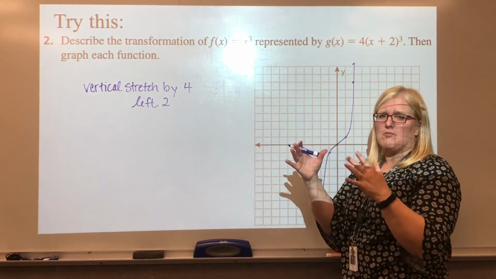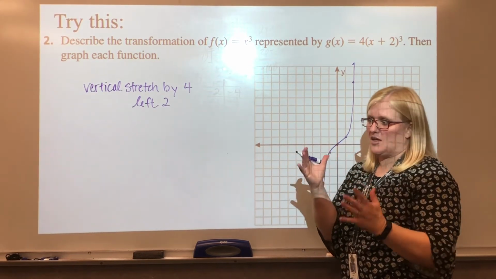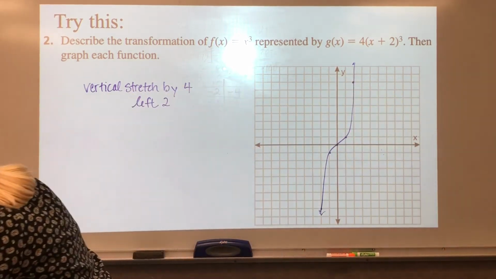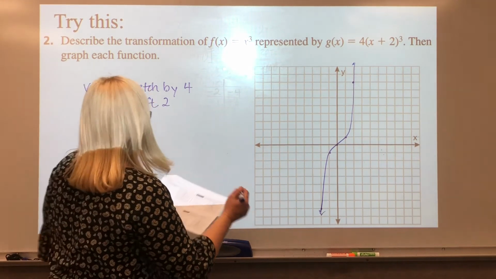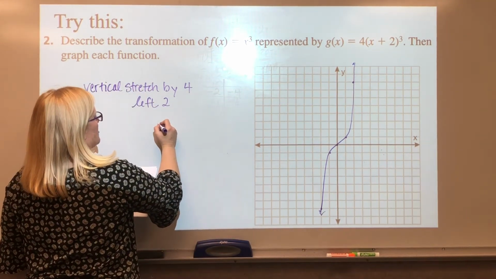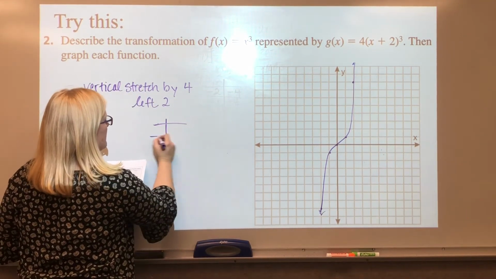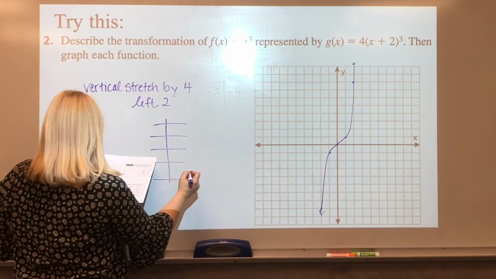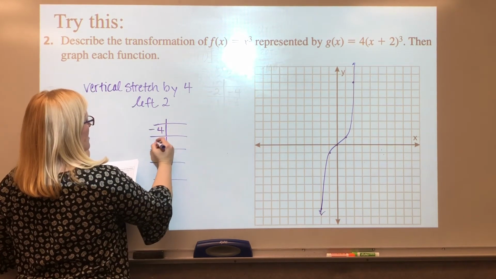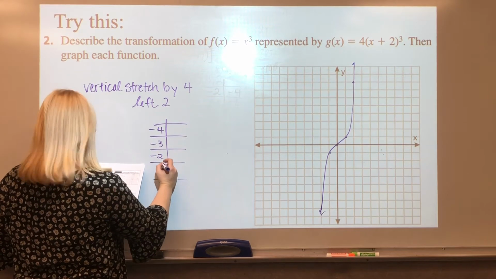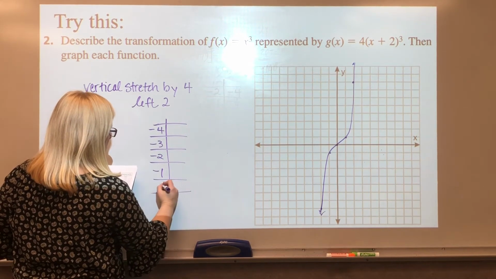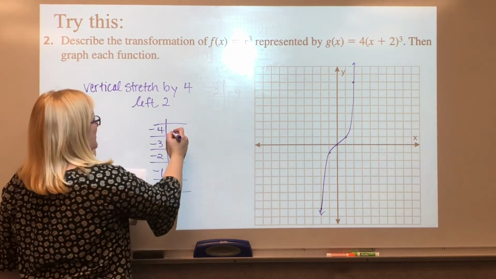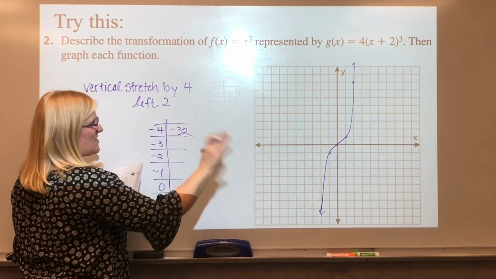If we're multiplying it by 4, those values are going to get big really quick. I also did a table for this one also. I started at -4, -3, -2, -1, and then I have 0 also. At -4, this is -32, so that isn't even going to fit on there.